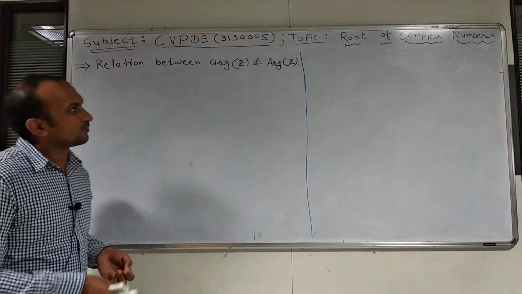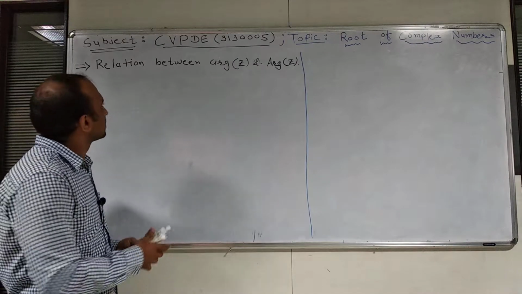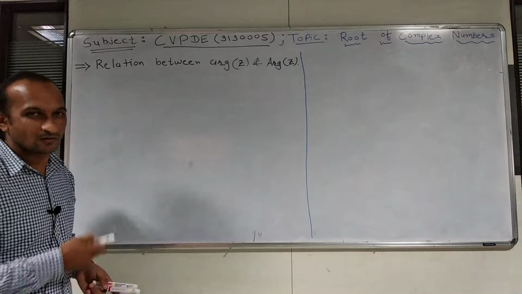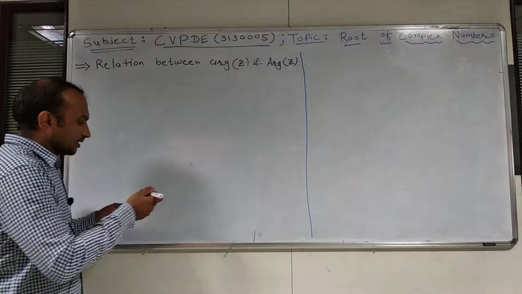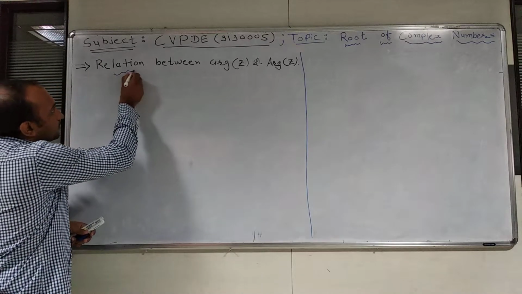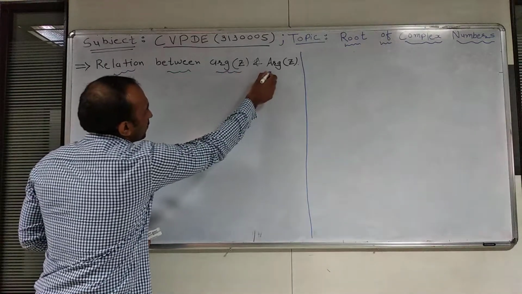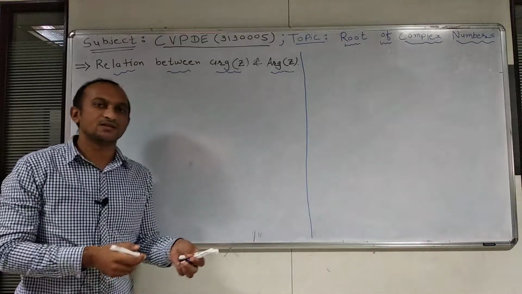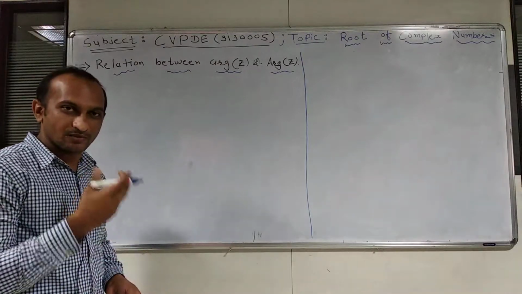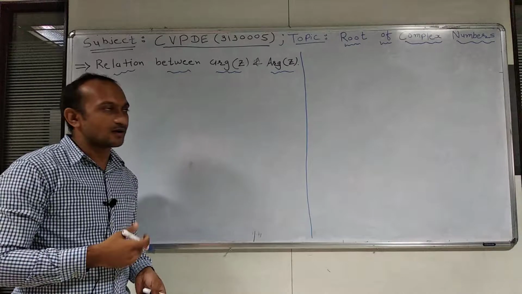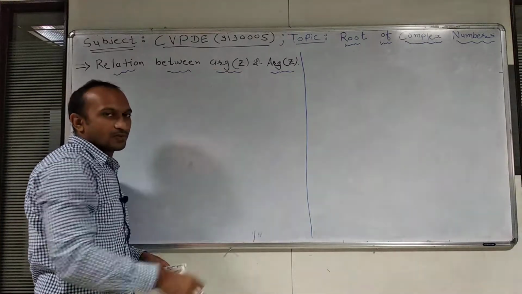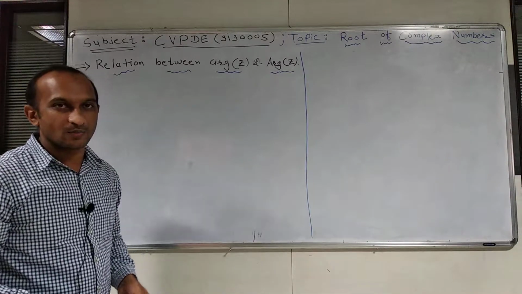Before going to the root of a complex number, first we discuss our simple requirement: the relation between simple argument and principal argument. We already discussed in previous lectures what the argument of z is, the simple argument of z and the principal argument of z.